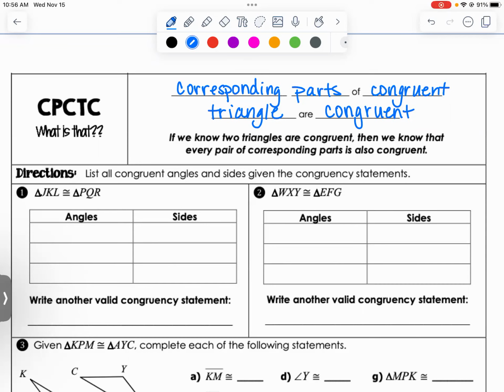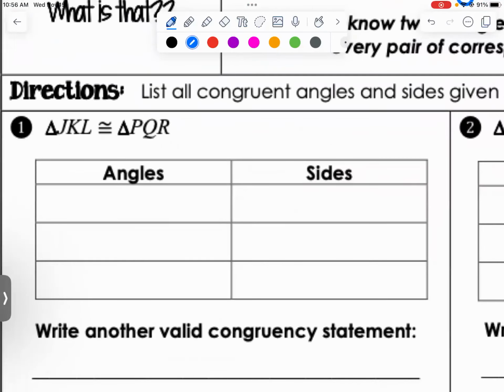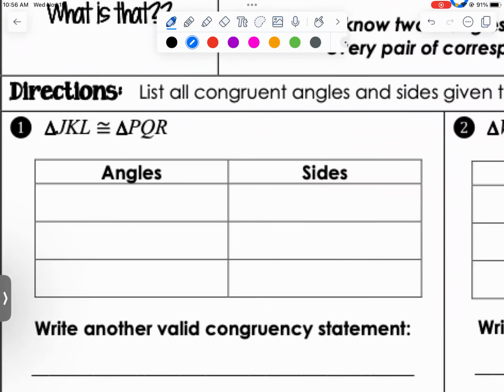Well, what about this right here? Here I'm telling you that these two triangles are congruent. So I don't have a picture, but I know their corresponding parts are congruent.